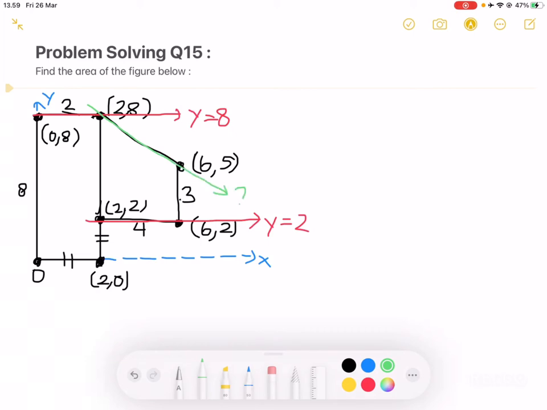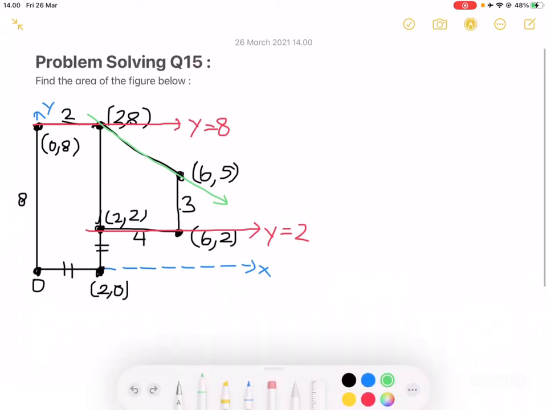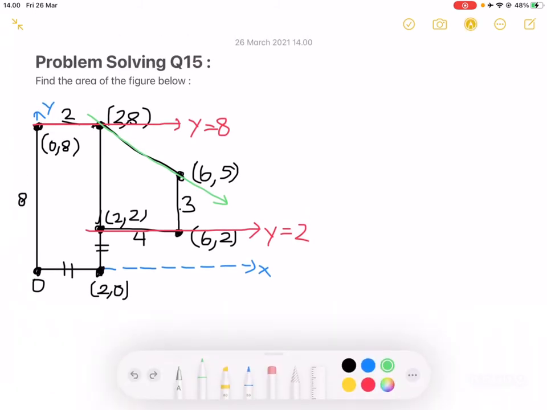Now the last equation of a line that we need to consider is this line. Now what is the equation of this line? Well, that's pretty simple. We can just use the point-slope formula: determine the gradient, and then substitute a pair of coordinates into our formula to find the y-intercept, and then we're done.